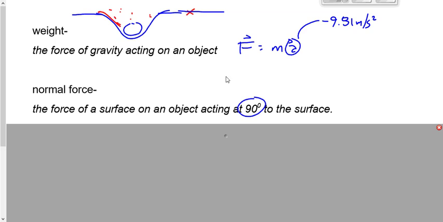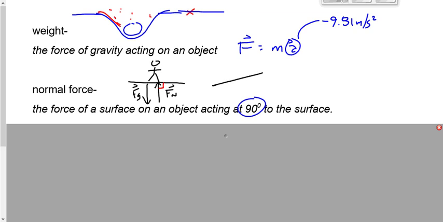So, if I am standing on the ground, gravity acting down, the normal force acts up at 90 degrees to the surface. In this case, those two forces are equal, so I would feel my normal force, but it would be the same value as gravity actually is.